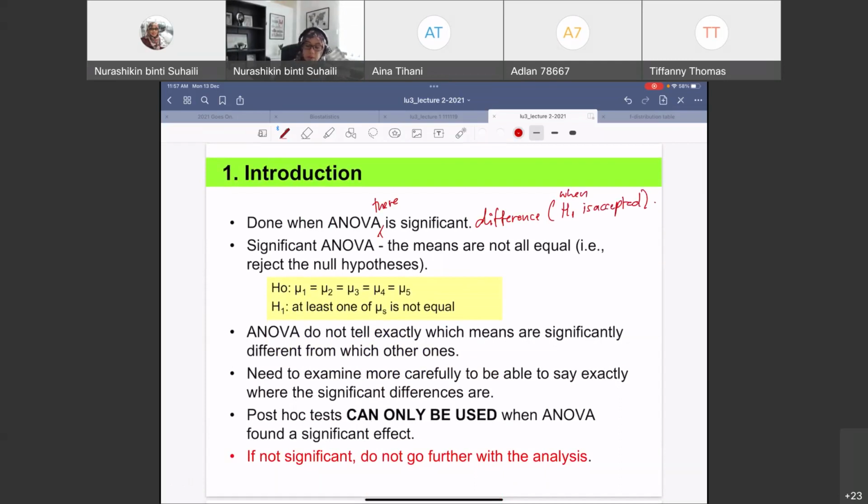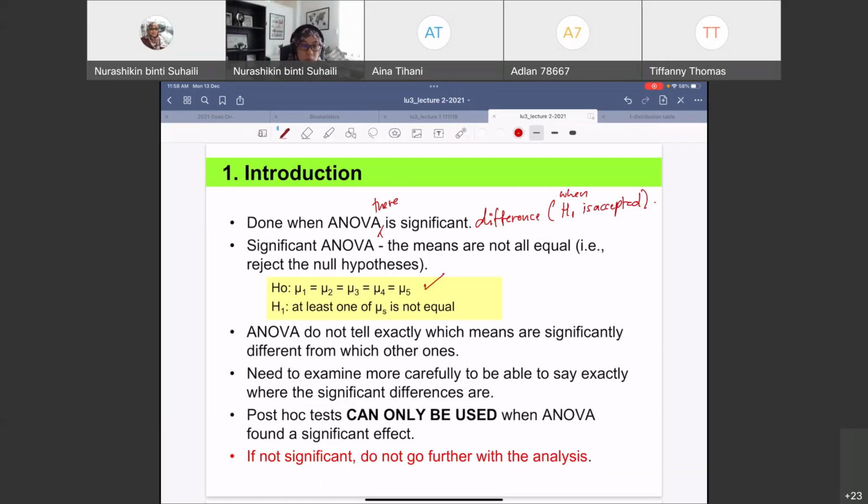In the case where you just conclude null, you don't have to proceed with the post-hoc test. Significant ANOVA, the mean ANOVA. So this is the null hypothesis. Because we are talking about the mean, you can also express the null hypothesis in this way.